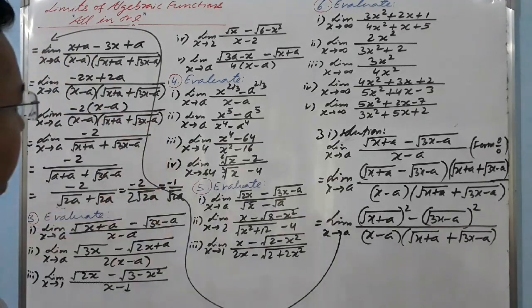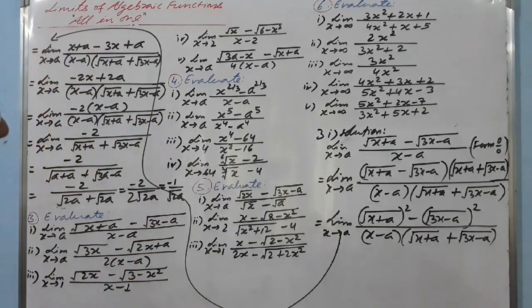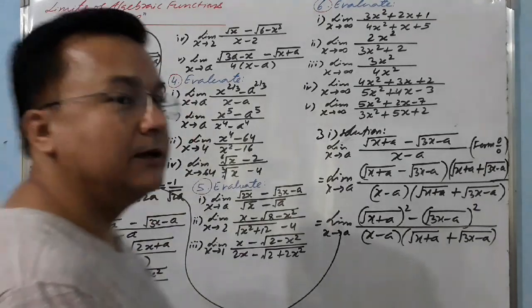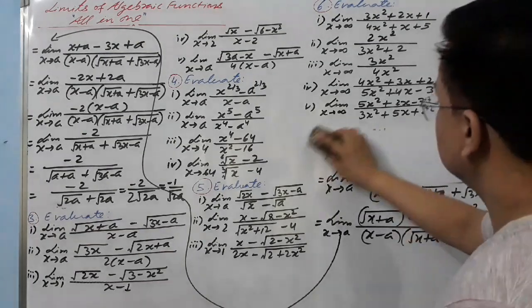Now I will tell you question number 4. Question number 3, I told you the method, trick, each and everything, right? Now let's move on to question number 4. How to do it?